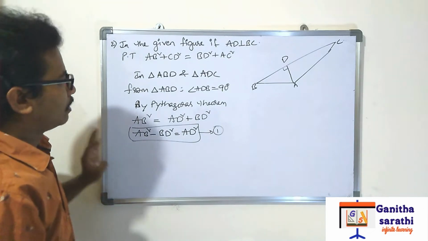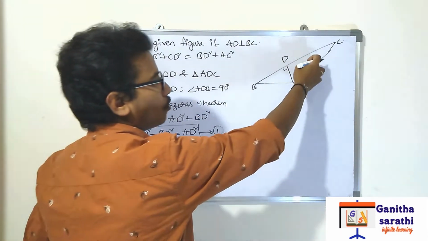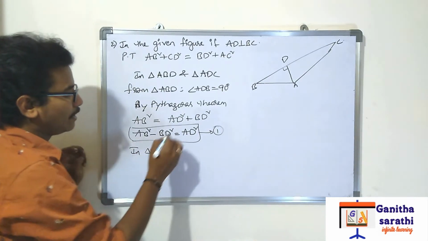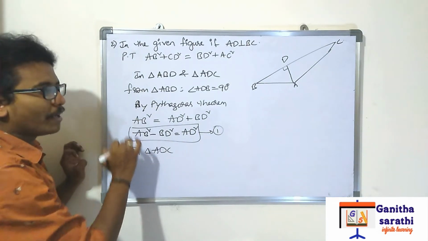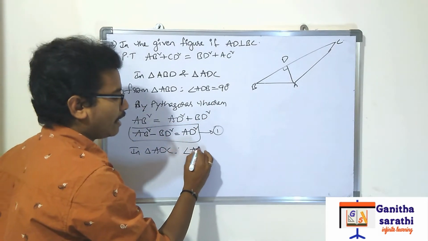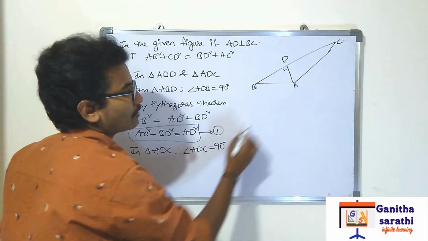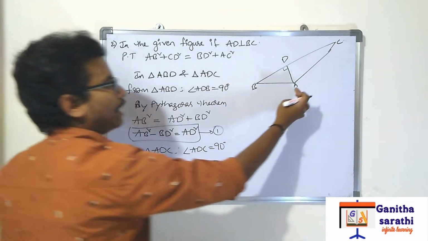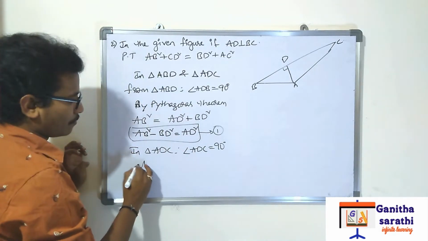Now this triangle is completed. Go to this triangle. In triangle ADC, again by using Pythagoras theorem, where is angle 90 degrees? Angle ADC is equal to 90, right? Then what will be the hypotenuse? AC will be the hypotenuse.